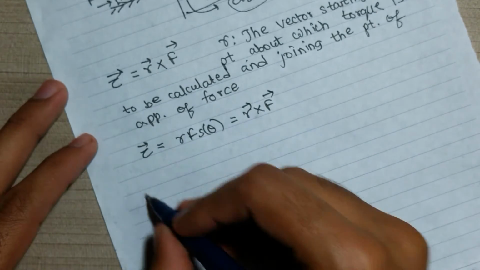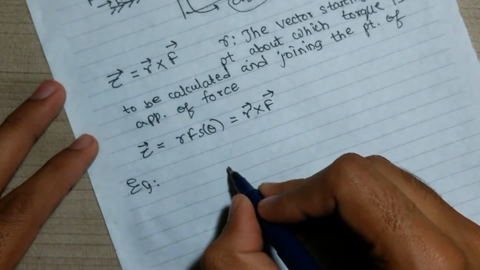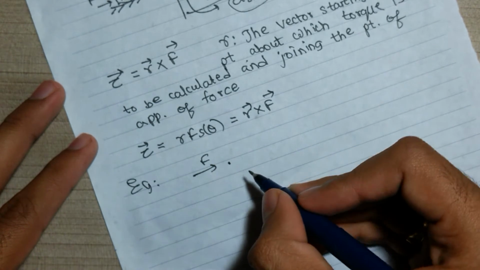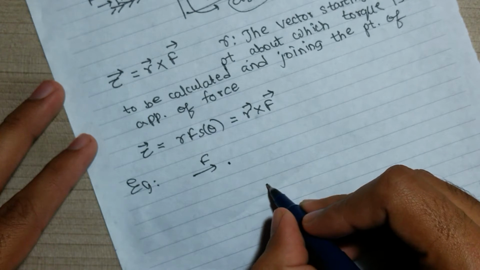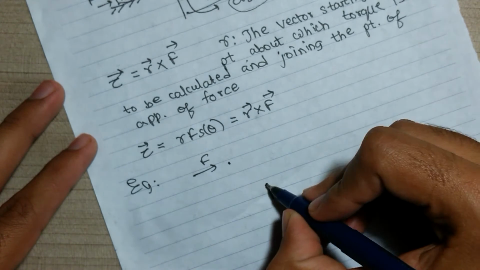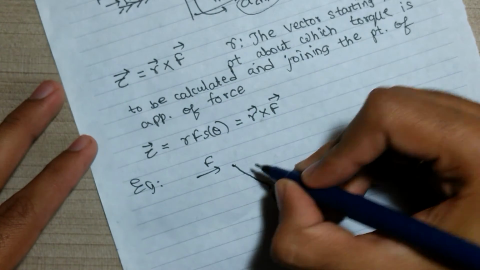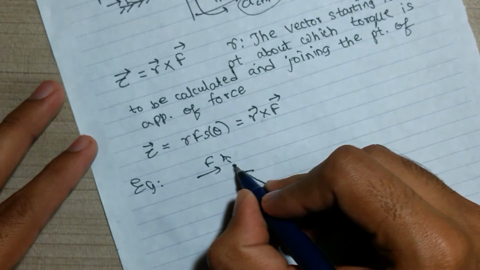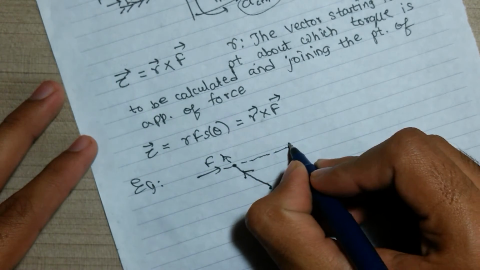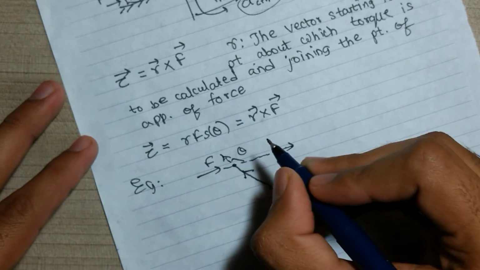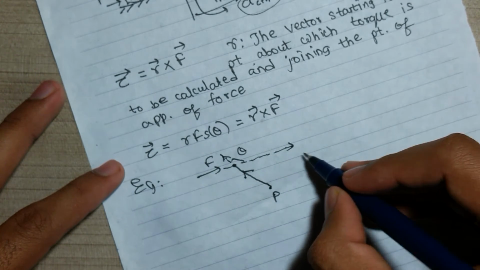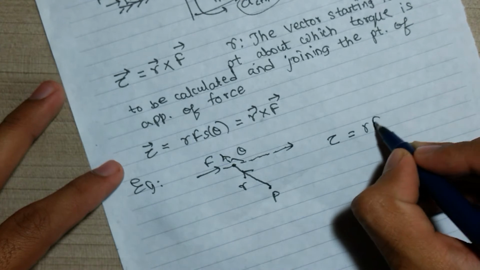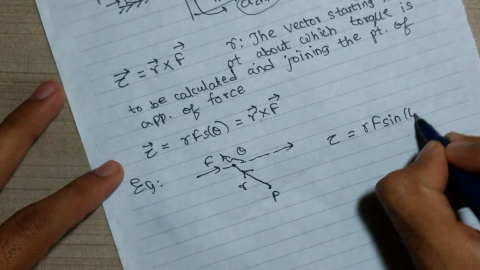So for example, if I have a point particle, I apply a force F to it. I want to calculate torque about point P. So I draw vector R, direction pointing this way. I extend the line of action of force. If this angle is theta, I can say that torque is equal to R F sin theta.